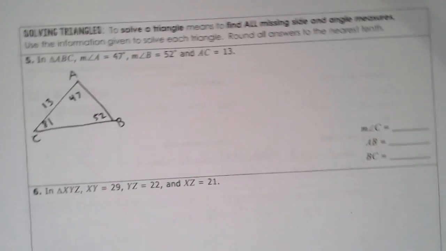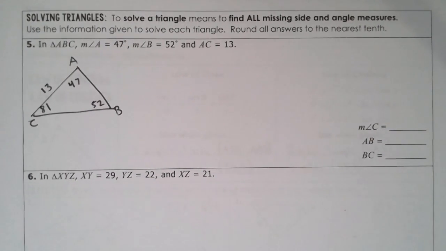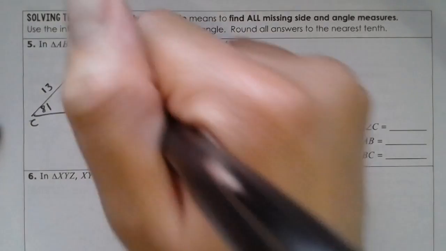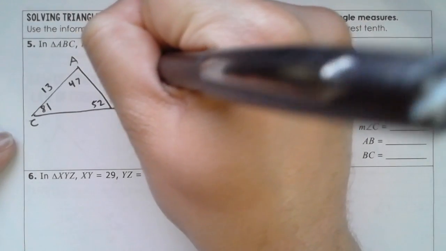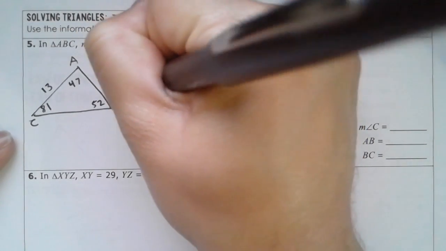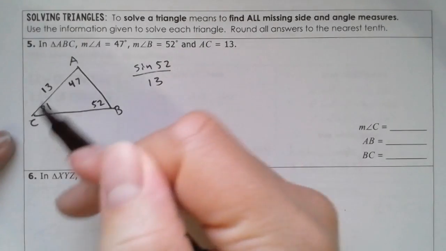So that's that, and there's really nothing else I can go for as far as easy computation. So I have to use law of sines, law of cosines going from here. So I have all three angles given. I have one side given. I can say angle, side, angle. So I could use law of sines here. So sine of 52 over 13, I want to use that one, right, because that's the only side I'm given.